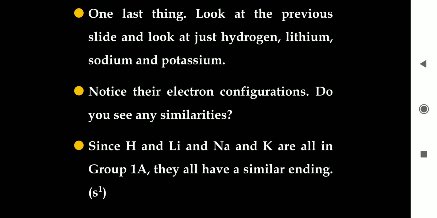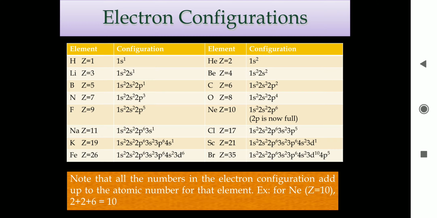Since hydrogen, lithium, sodium and potassium are all in group 1A, they all have a similar ending, s1. See here, hydrogen has only one electron in its s orbital. Lithium has only one electron in its s orbital.